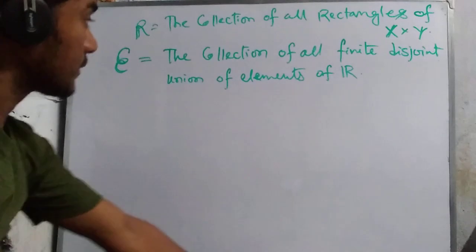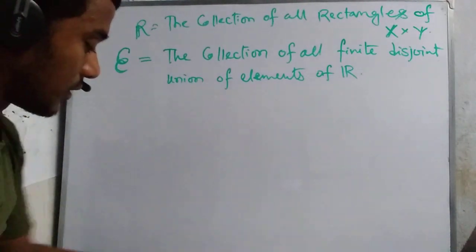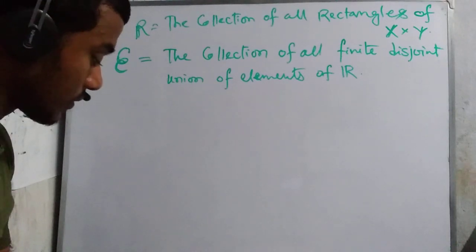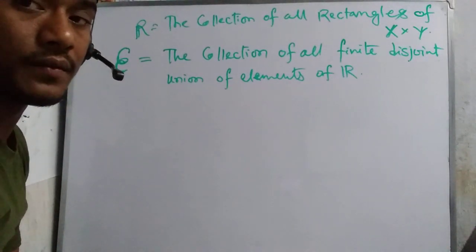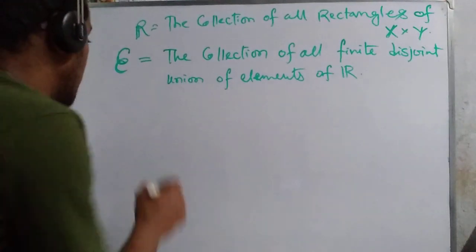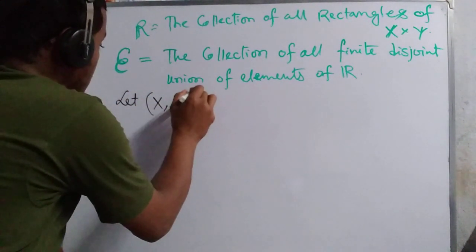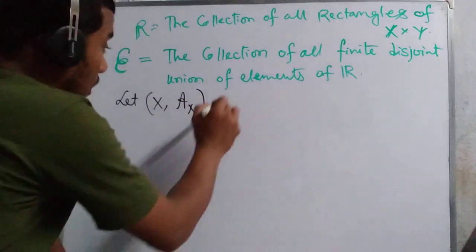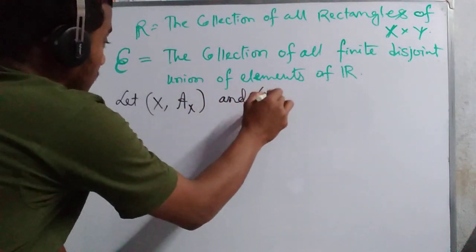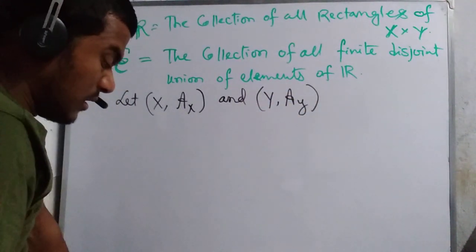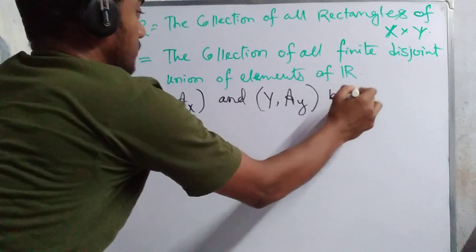Then we talk about this. Let X with algebra AX and Y with algebra AY be measurable spaces.